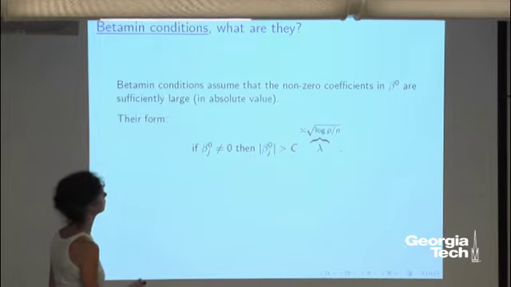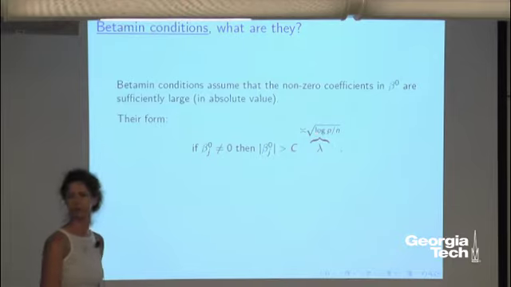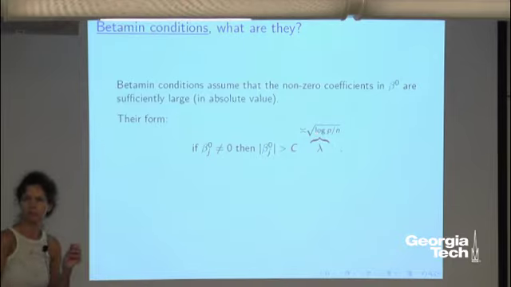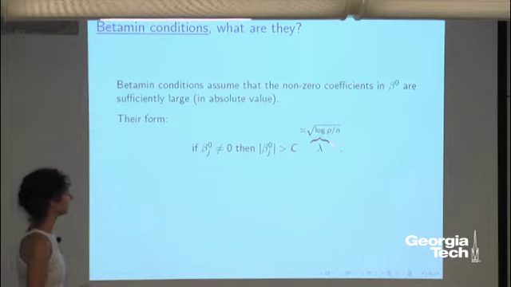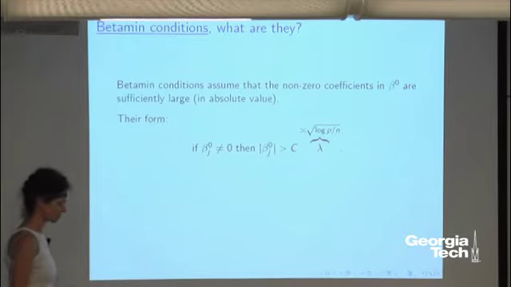The noise level is more or less square root log p over n. If you go below this level, you cannot really tell whether the parameter is 0 or whether it's small but non-zero. So you need to be away from that. There's a constant here, so it's of larger order than square root log p over n. And I'll need such conditions.